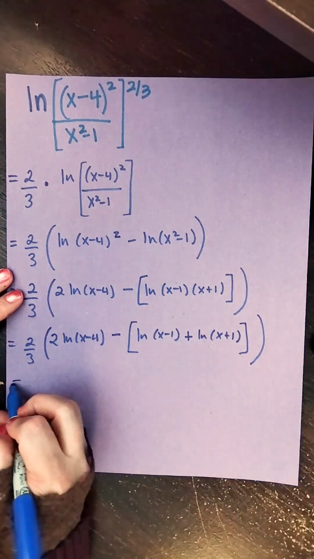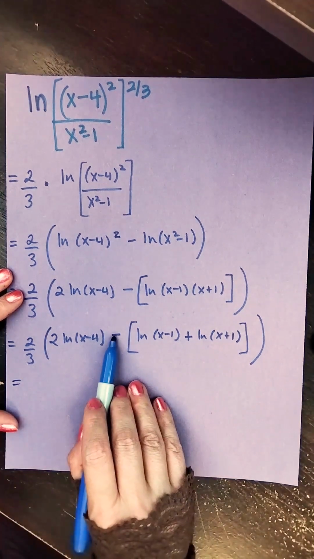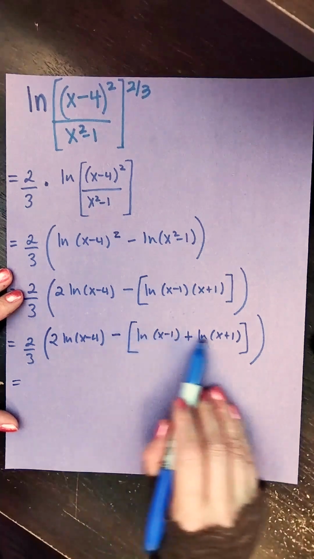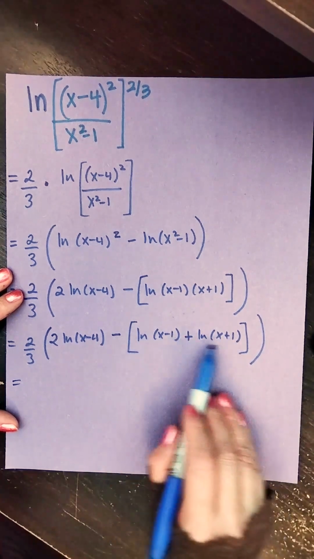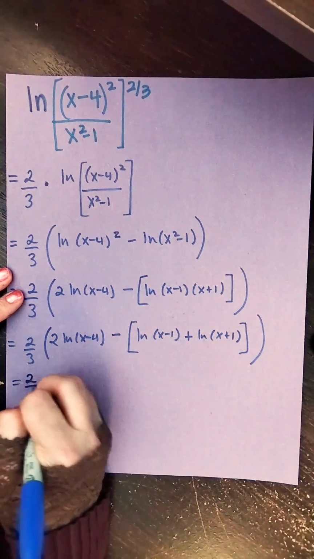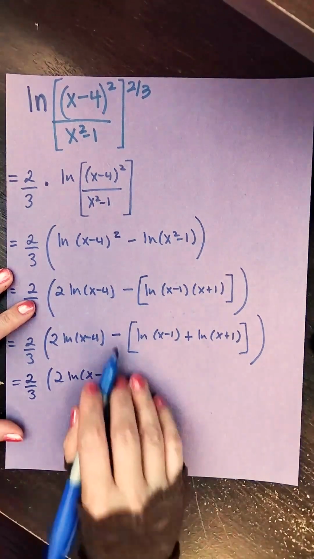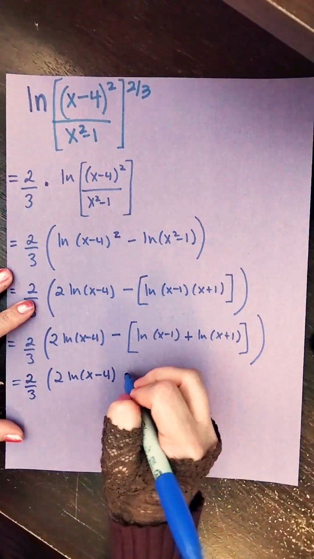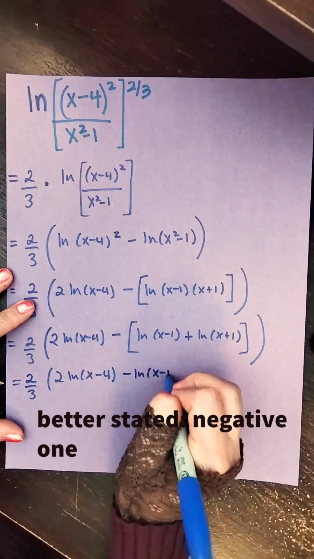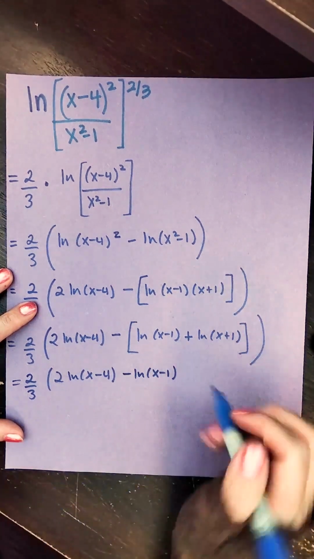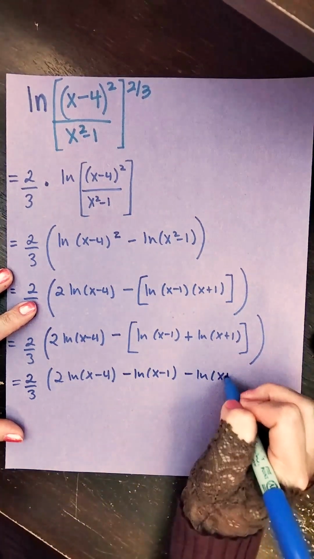Okay, and then I want to distribute this negative sign throughout the sum of these two logs. So let me write that. So minus the natural log of x minus 1 minus the natural log of x plus 1.